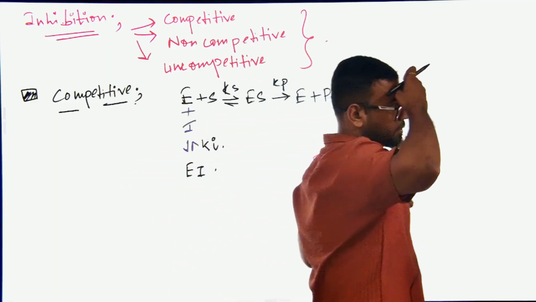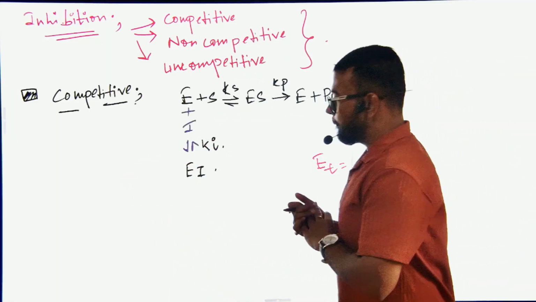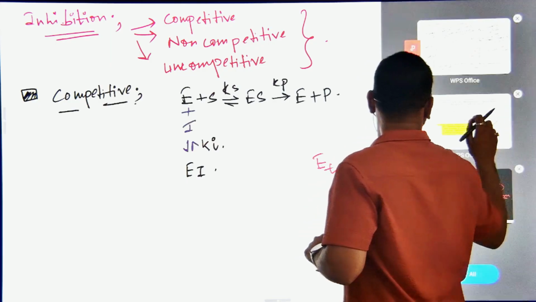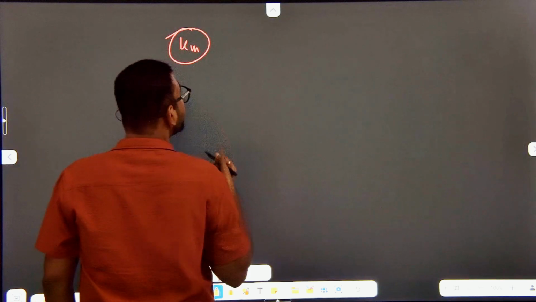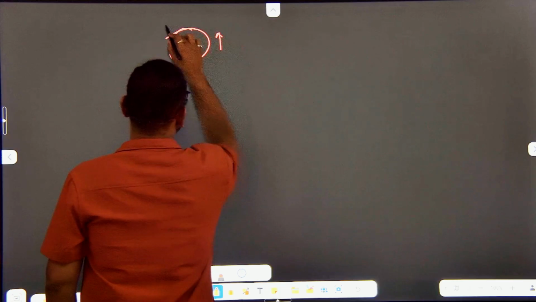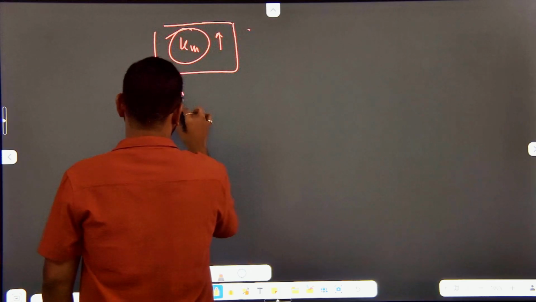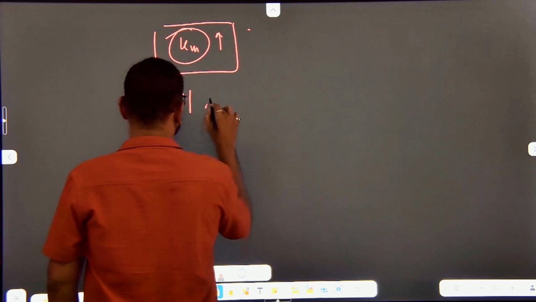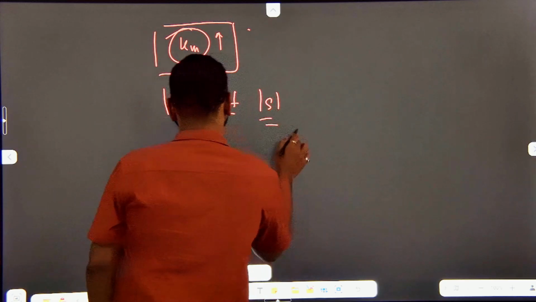Another thing I must state, I just forgot to mention. Previously, we came across the term Km. Now, all of you must know that whenever the value of Km is high, that means the enzyme has least affinity towards substrate.